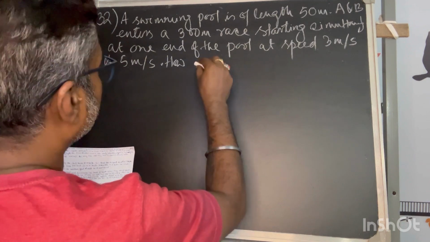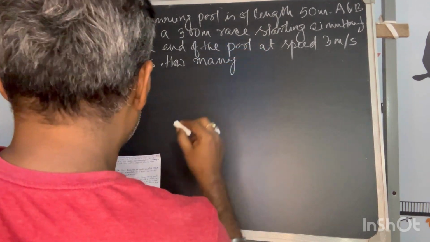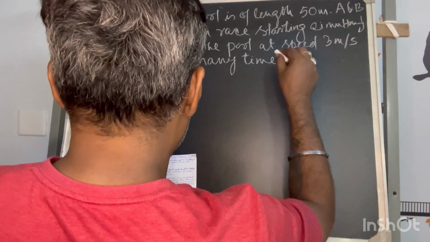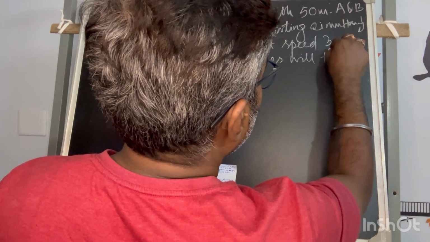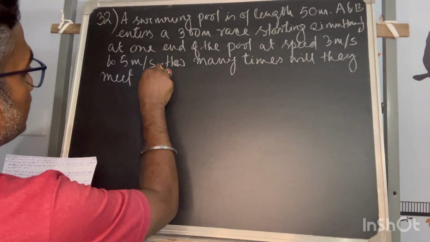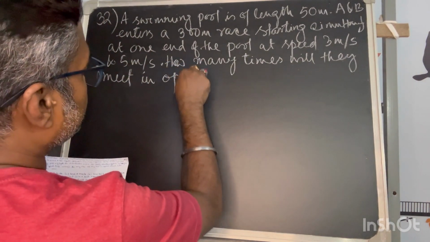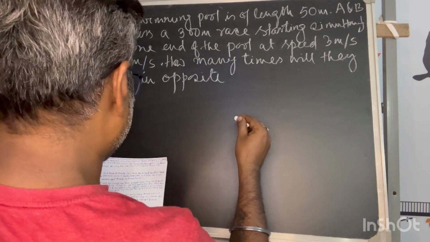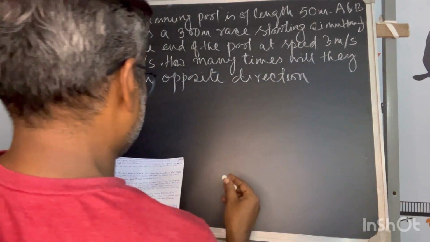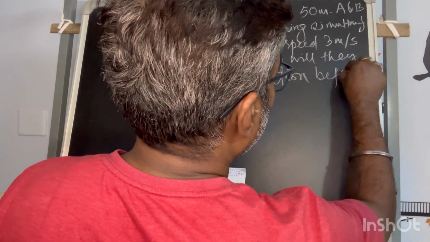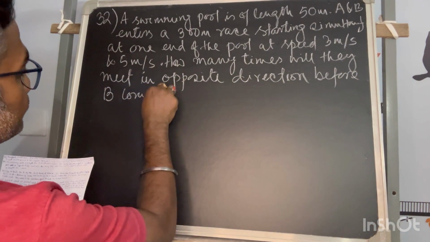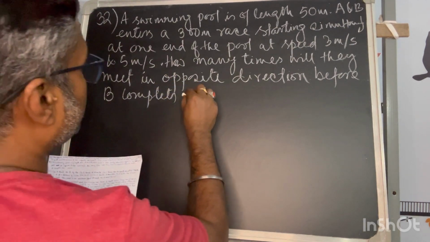How many times will they meet in opposite direction before B completes the race?